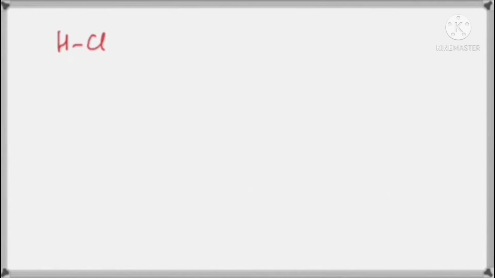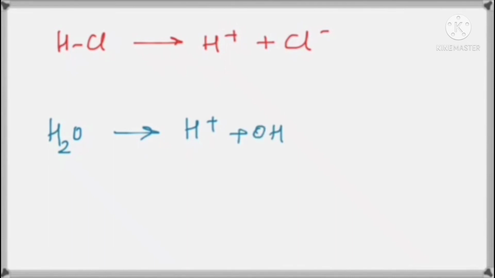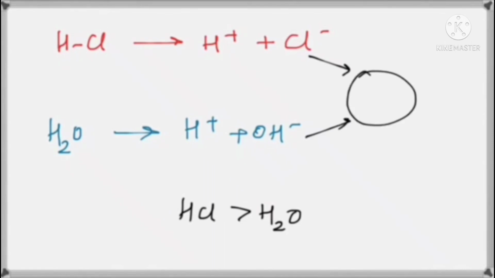Say you have HCl, that gives you H plus and Cl minus, and let's take H2O, that should give me H plus and OH minus. Now which of these is more acidic? We all know that HCl is a stronger acid than H2O. And how do we decide it? To decide, we compare the stability of Cl minus and OH minus.